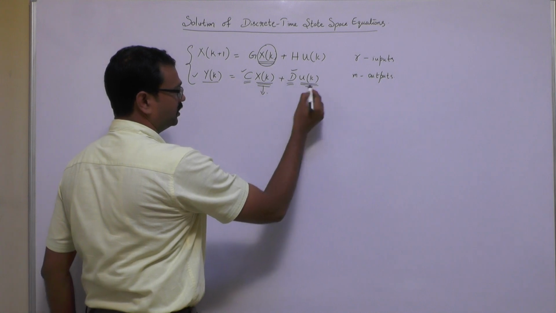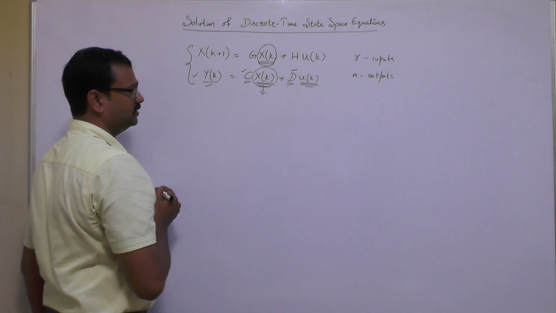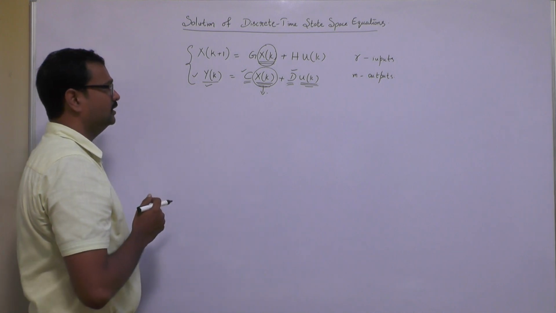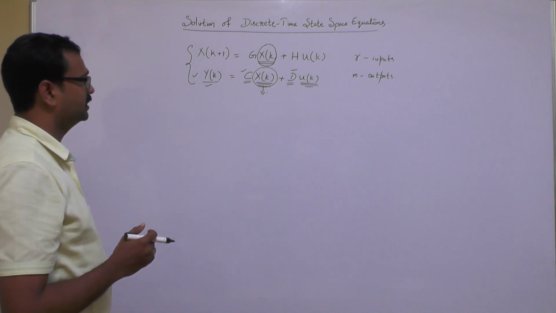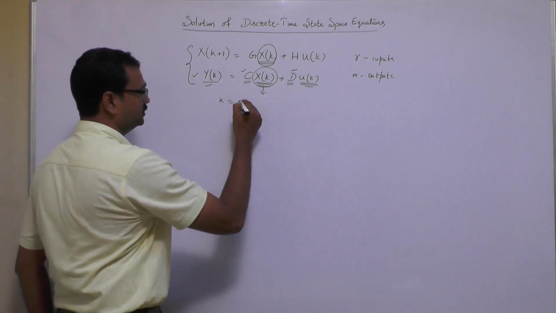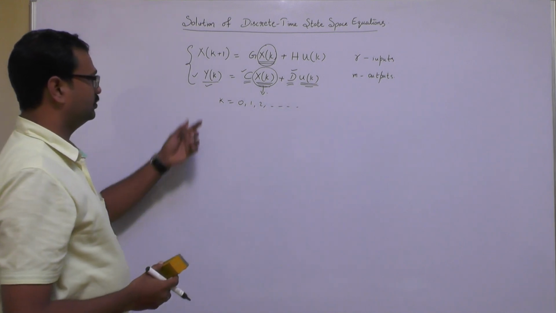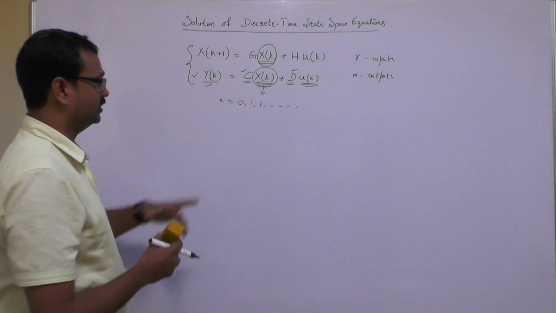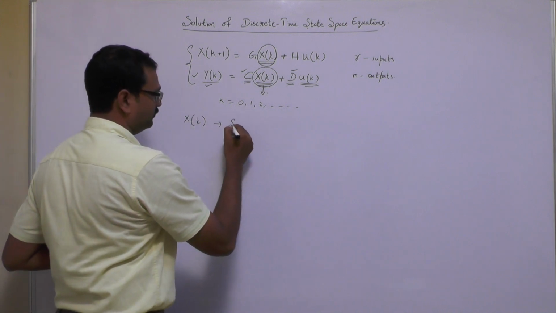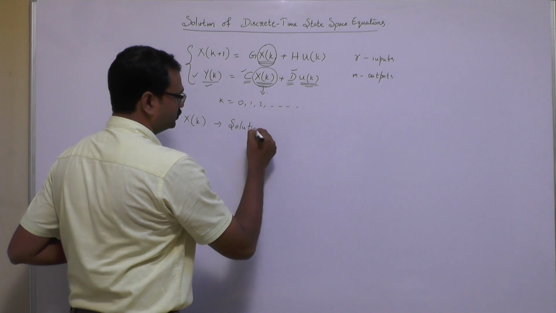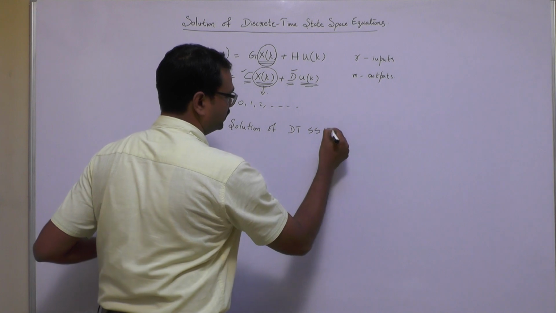If you find x of k, you can find the output or the behavior of the system for all instants of time k from 0, 1, 2 up to infinity. So to obtain y of k, you need to find x of k. That is why x of k is called the solution of the discrete time state space equations.